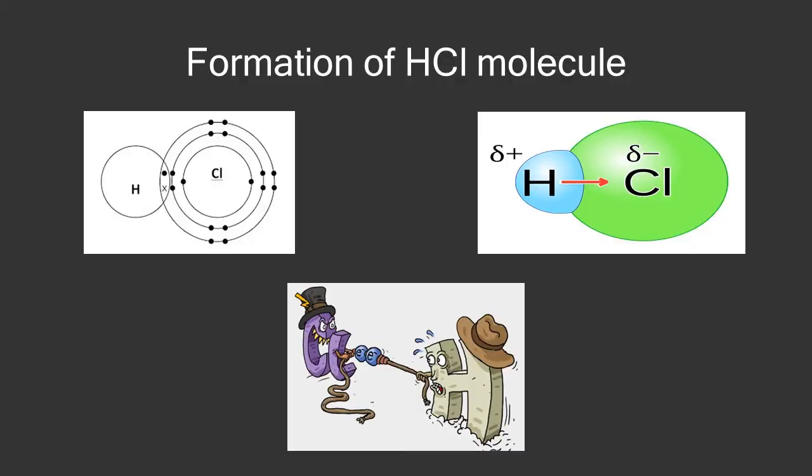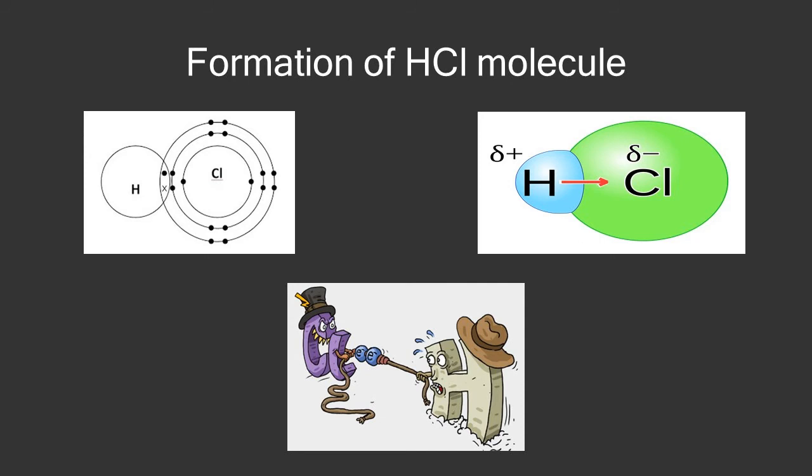So far, we have seen covalent bond formation between similar atoms. Now, we will discuss the covalent bond formation in molecules with two different atoms by taking HCl as an example. A single covalent bond is formed in HCl by the sharing of one pair of electrons.